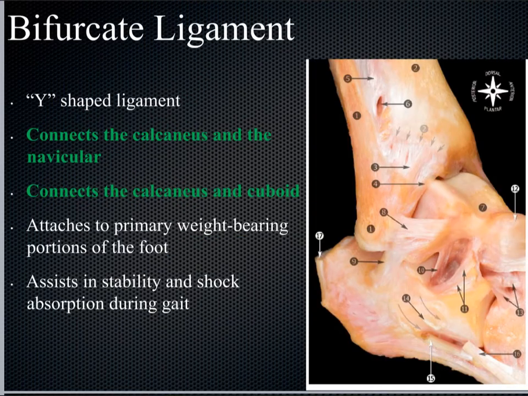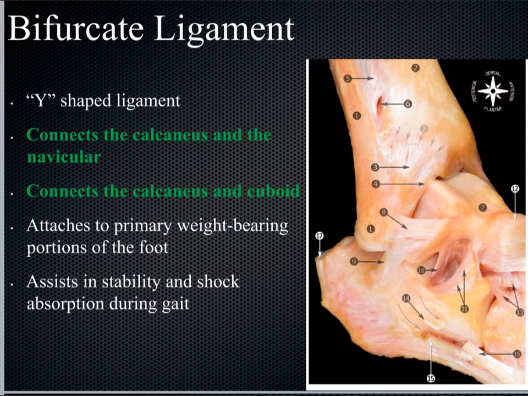So there are two ligaments that are vitally important to the structural integrity of the midfoot, and one of them is the bifurcate ligament, or I call it the Y-shaped ligament because of its actual size and shape. And so in gross anatomy, if you're able to dissect the foot down to this level, you'll see that it has a Y-shaped appearance.